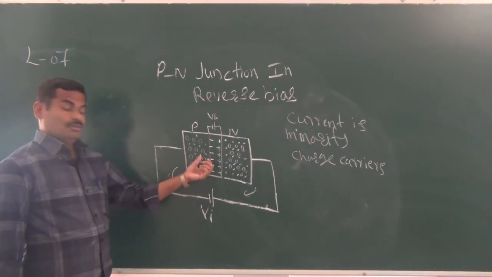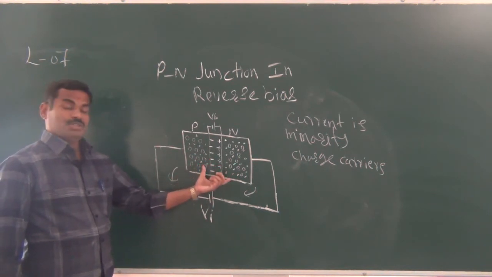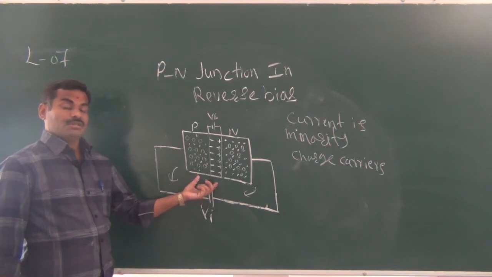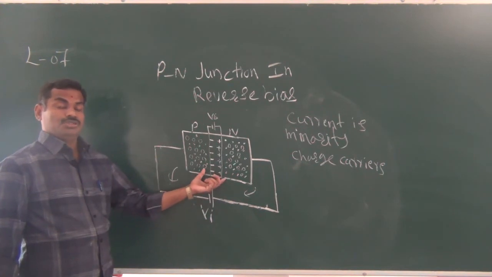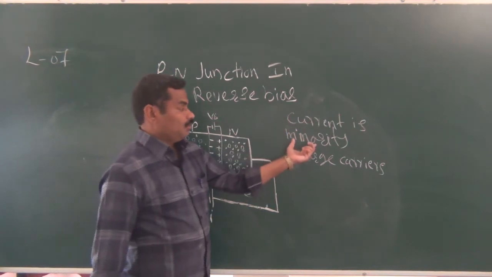Because the majority carriers are moving away from the junction, and they will increase the depletion layer. If the depletion layer increases, you are not having any current from them. But no doubt, the current is there. That current is a very, very small current. That current is because of minority carriers.